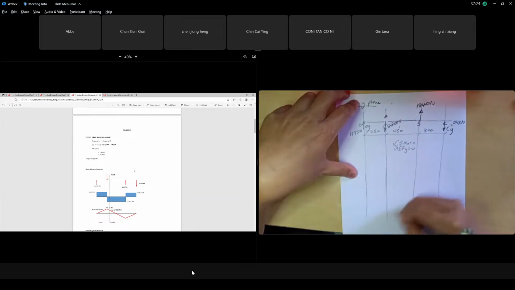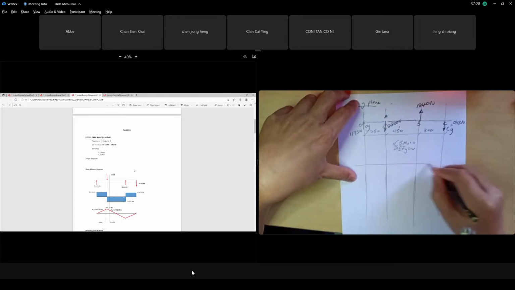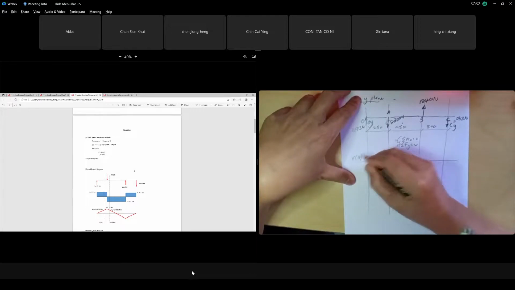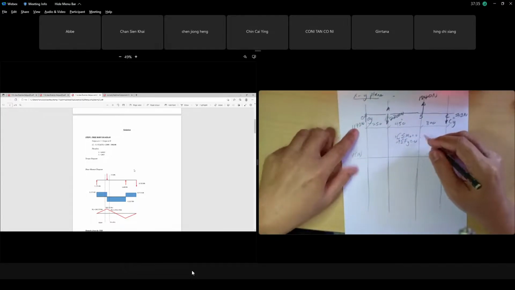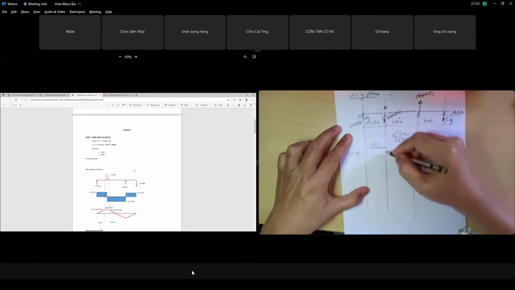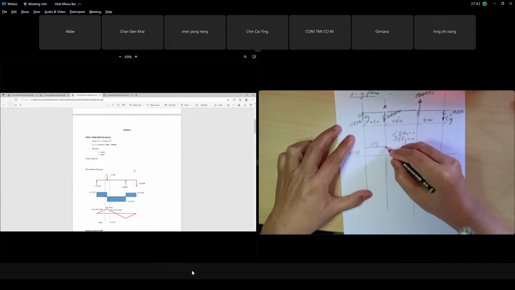Okay, jadi once kita have the free body diagram, kita buat the shear diagram. We make a shear diagram, Newton. So we know 1173. Okay, raise up 1173 lah. Then minus 2,300.